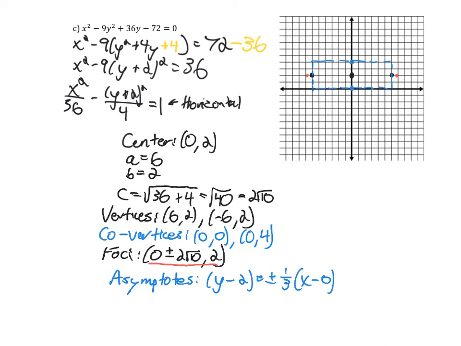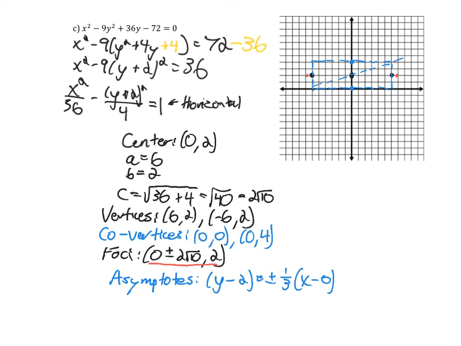Now, what you could do is put that into slope-intercept form and try to graph both of them, which you could do. Or, and this is why I think the box is easier, if you remember that we said that the asymptotes run through the corners of each of the boxes you draw, that is enough. So what I'm going to do is just draw a dotted line that goes through the center, right?